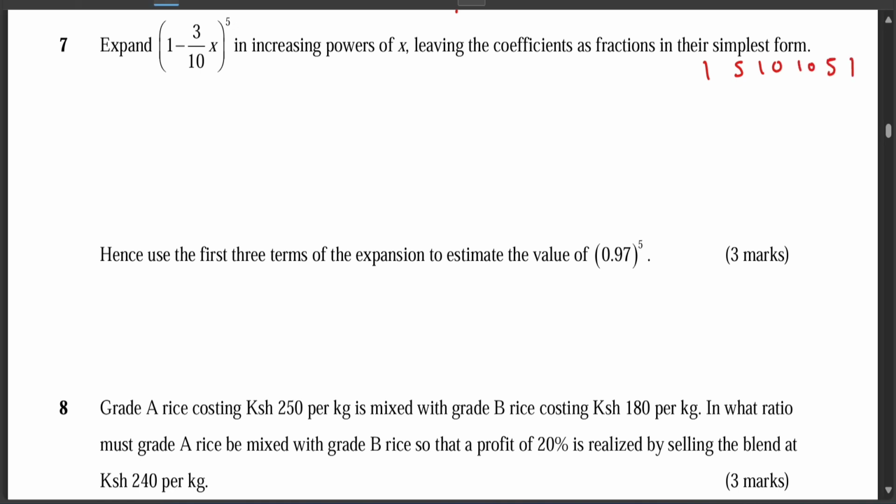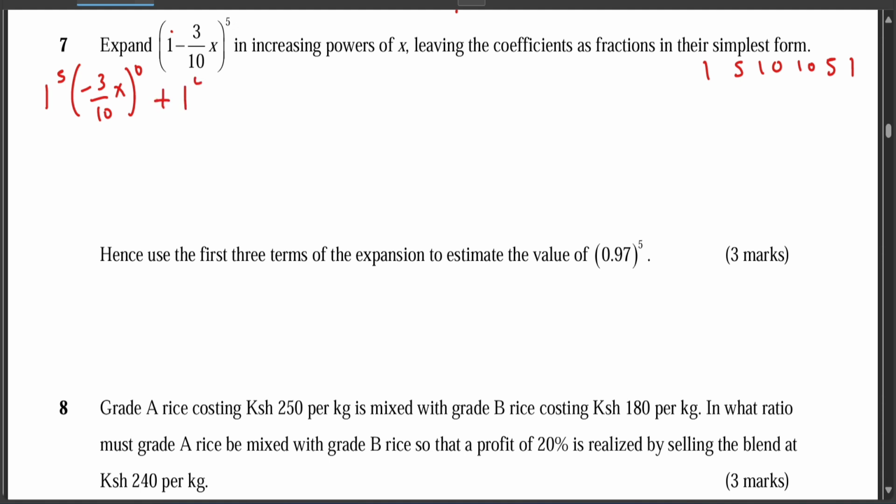So now let's expand. When you're expanding, there are two terms, there is 1 and there is negative 3 over 10 x. The 1 you start with power 5, and the negative 3 over 10 x you start with power 0. So the 1 will decrease to power 0, and the negative 3 over 10 x will increase to power 5.